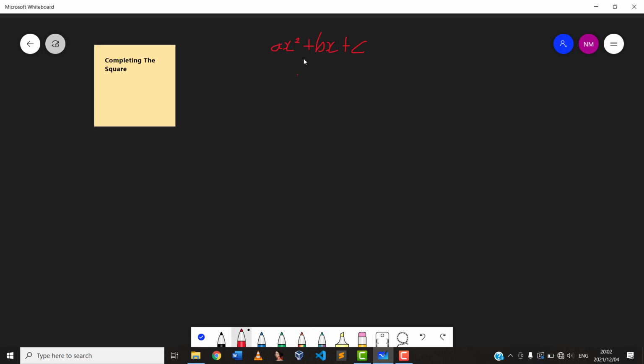If we were to complete the square on this, we would basically be putting it in this form, a into x plus p squared plus q. So this does look intimidating, but all you're doing is altering the expression and factorizing.